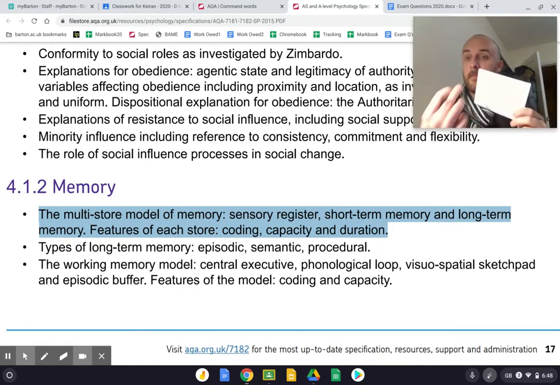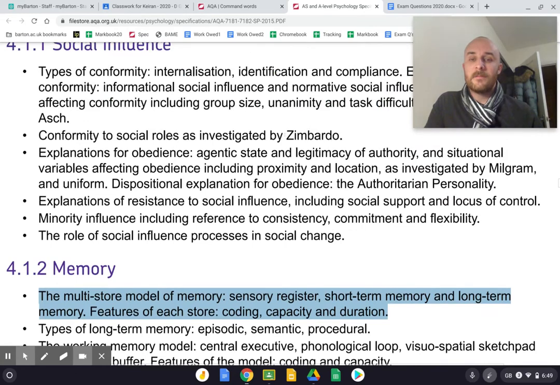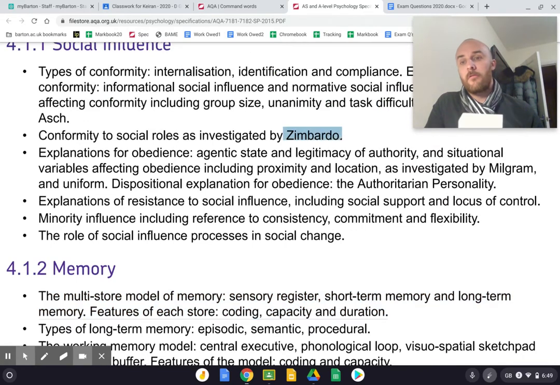So, for example, you may draw the multi-store model on one side, and on the other side, outline the coding, the capacity, the durations for all of the stages, maybe a piece of research. What I do say to students is if there is a named piece of research, then you create another flashcard detailing the aims, procedures, findings, conclusions, samples, everything to do with that piece of research.